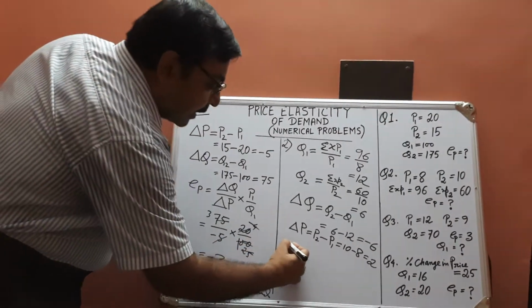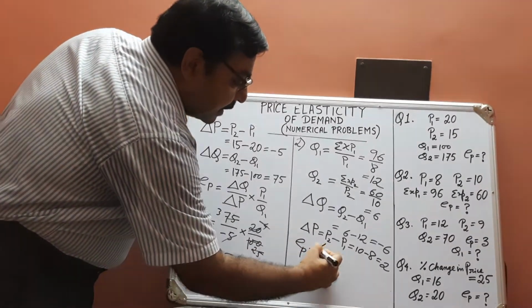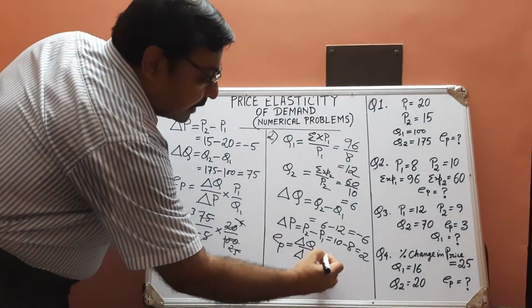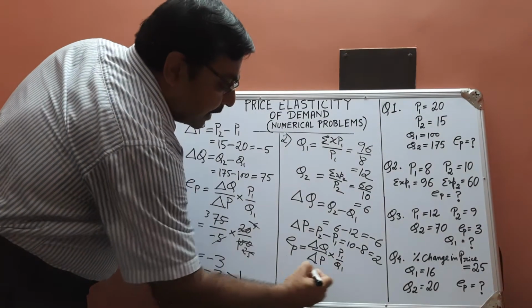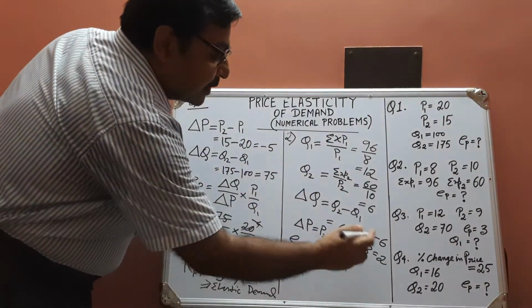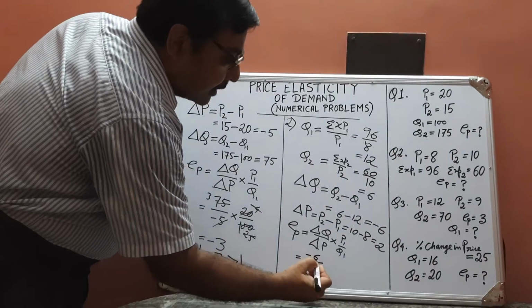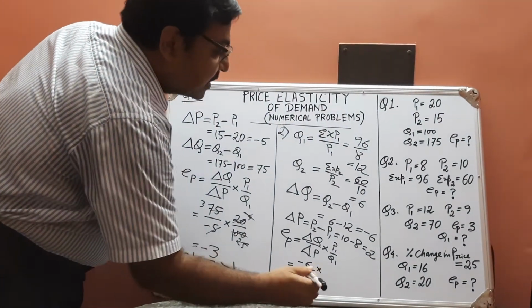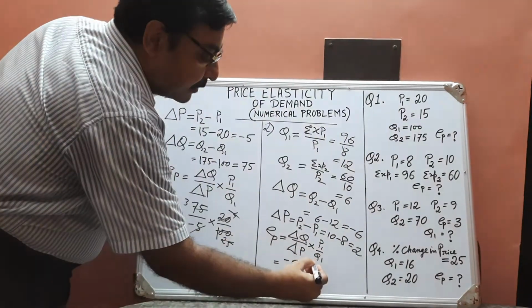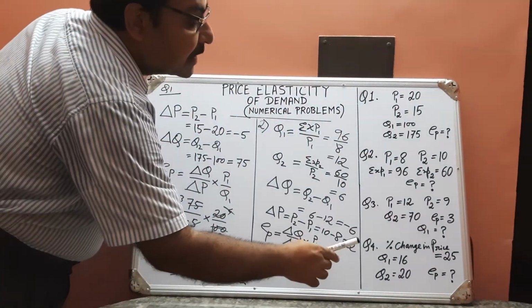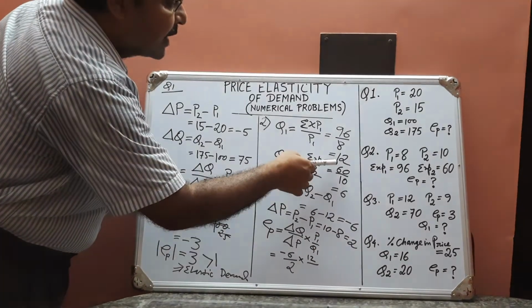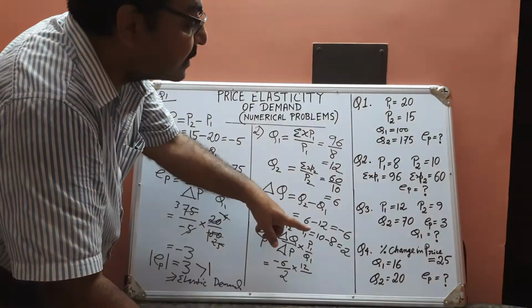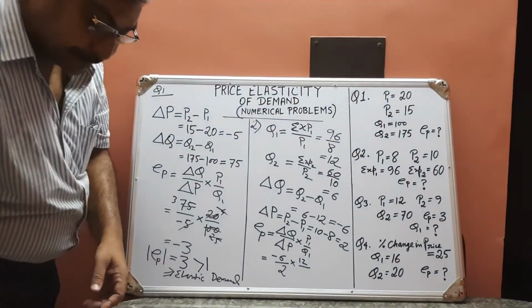Now use your formula. EP is equal to delta Q by delta P into P1 by Q1. Delta Q is equal to minus 6. Delta P is equal to 2.